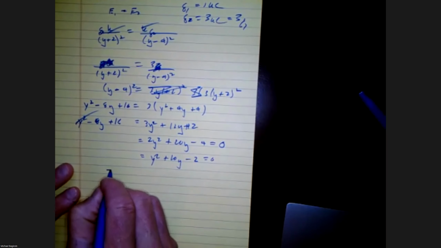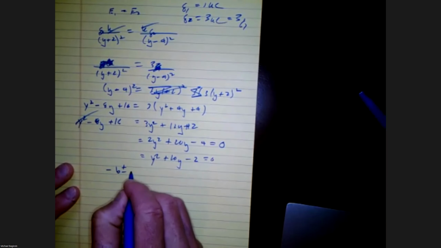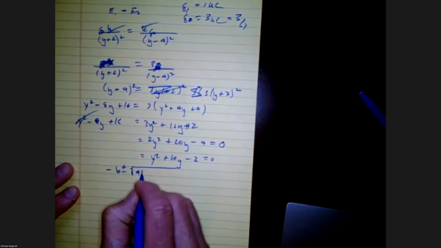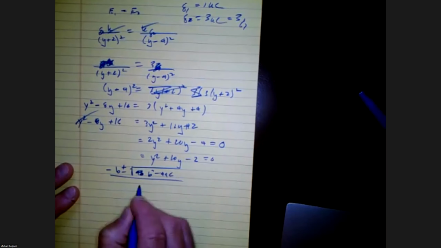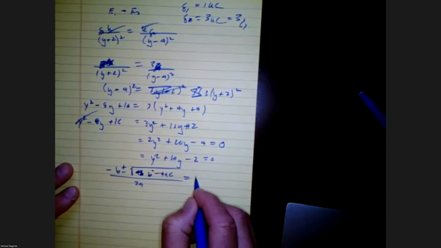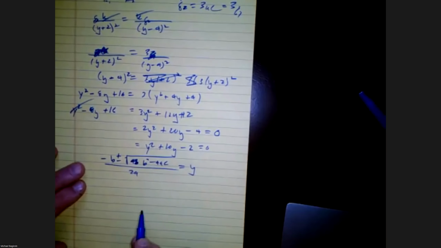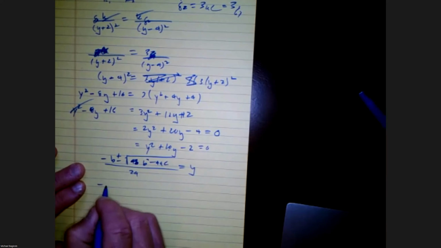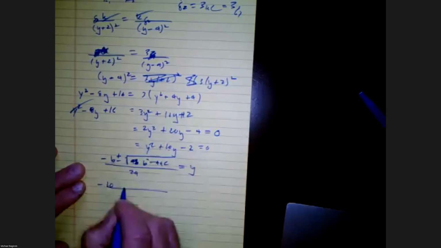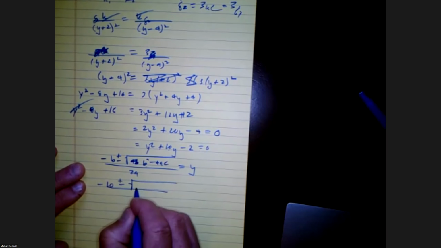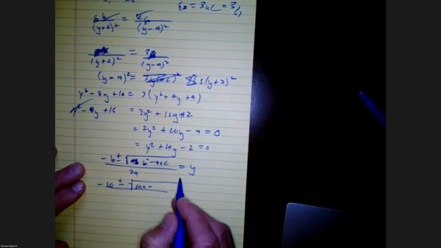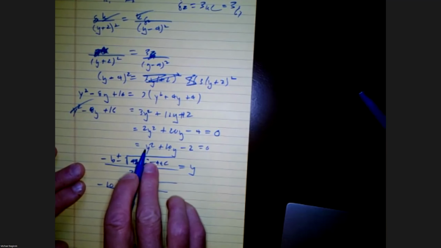And the general solution is minus B plus or minus the square root of B squared minus 4AC over 2A. And that will be the roots. There'll be 2 of them in general. So B is the coefficient of single Y, so it's minus 10 plus or minus the square root. B here is 10, so it's 10 squared is 100 minus 4 times A is 1.